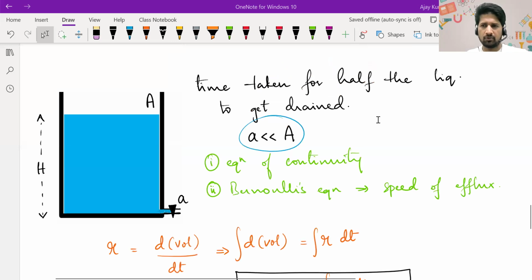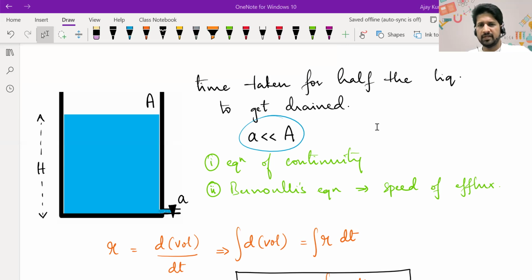Aishwarya, how do you write volume flow rate in terms of speed of efflux? Sir, root 2gh into A, which A? Capital.